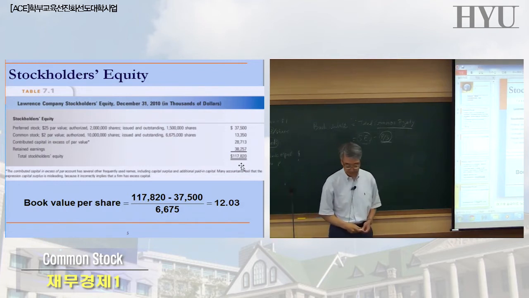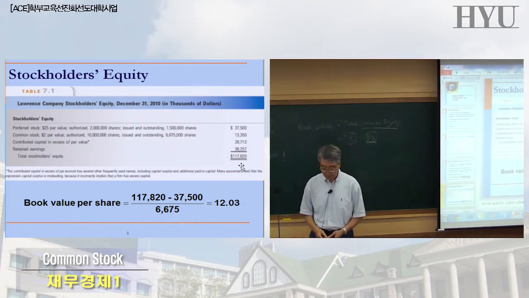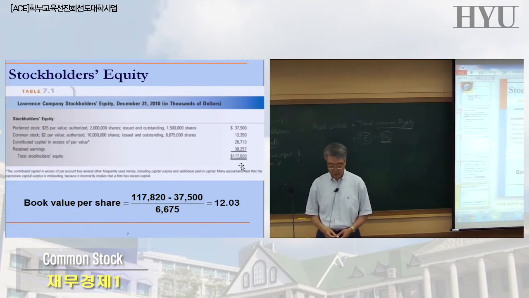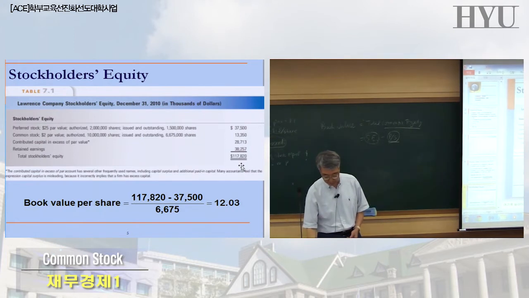If you want to calculate book value per share, then from the total stockholders' equity, $117,820, I guess it's million, right? Units are in thousands, so $117,820,000. From that, you subtract the value of preferred stock, $37,500,000.